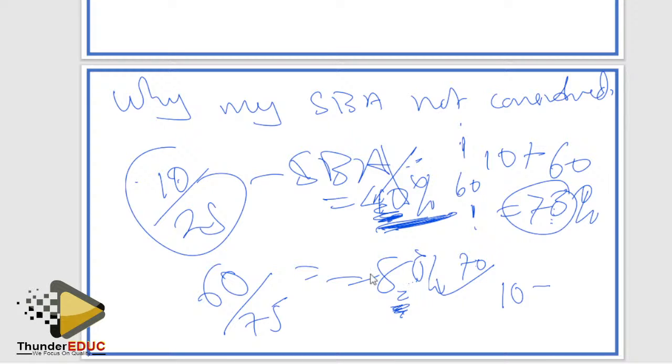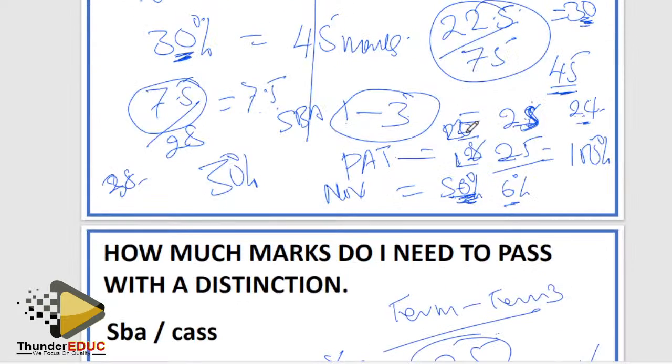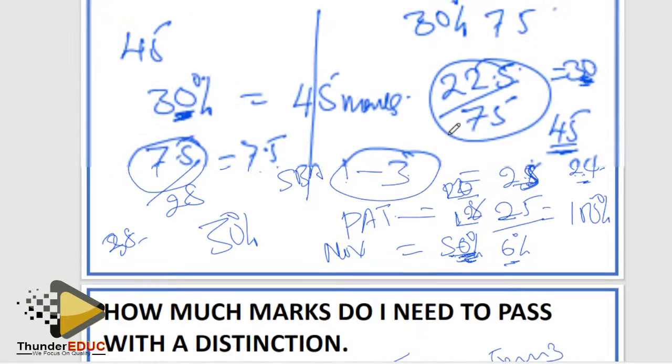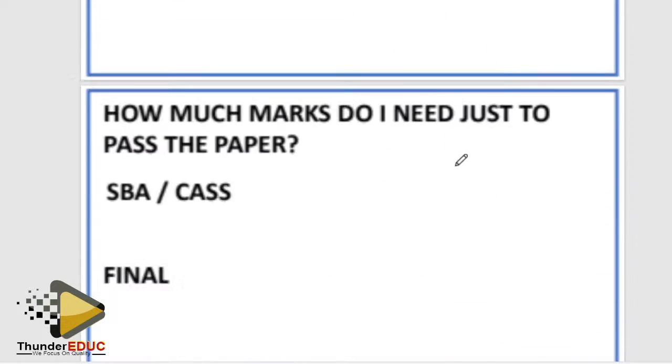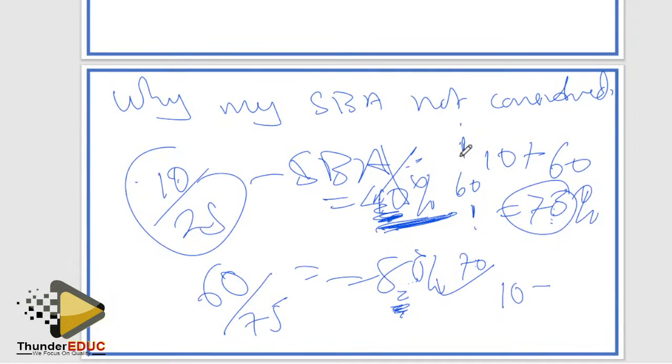And in that case, if it is too much, then it is benefiting you. But now if you pass the SBA too much, and then you fail the final exam, then automatically they will throw the SBA still, then they put the final exam, still you will be failing. The same way I say that here you fail the SBA, you pass the exam.